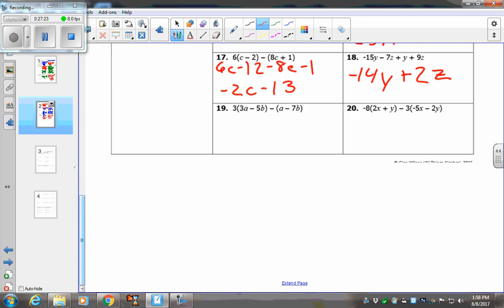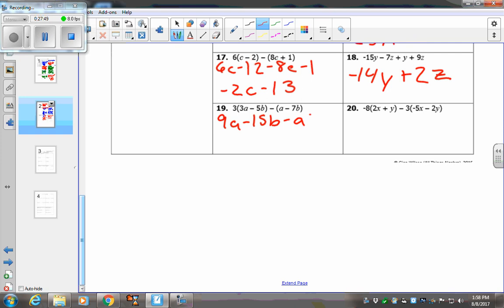Alright, last 2 problems. I have to distribute what? 3. And what else do I have to distribute? Negative. So 3 times 3 is 9a minus 15b minus what? Minus a.